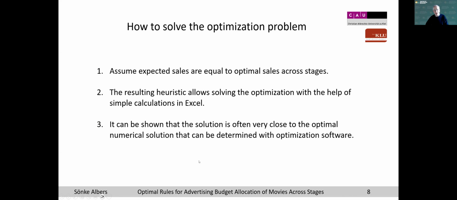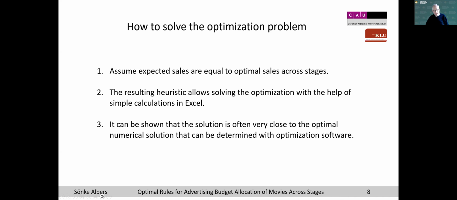And as you will see in the article, but also I will show a slide with an Excel sheet, I can come up with a very simple solution, because instead of the optimal sales in the optimality equation, I assume the expected sales, and that makes it then very simple to calculate.